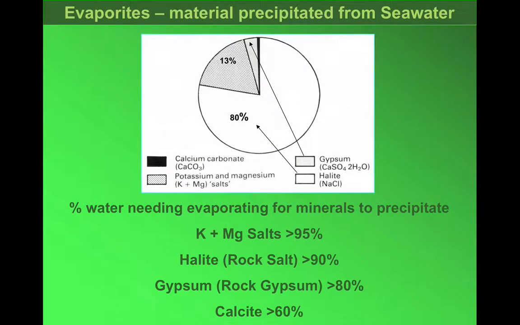As we learn when we're looking at these just as sedimentary rocks, there is a sequence of deposition. Calcite is the least soluble, is the earliest to be deposited, followed by gypsum, halite, and finally things like potassium salts, where virtually all the water has to be evaporated.